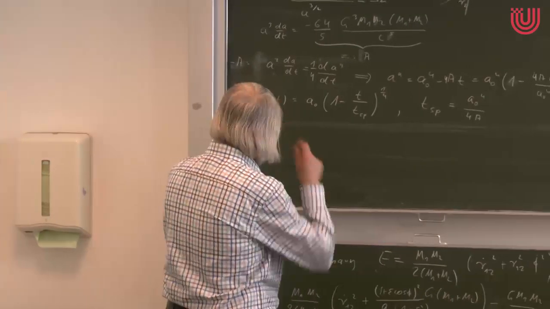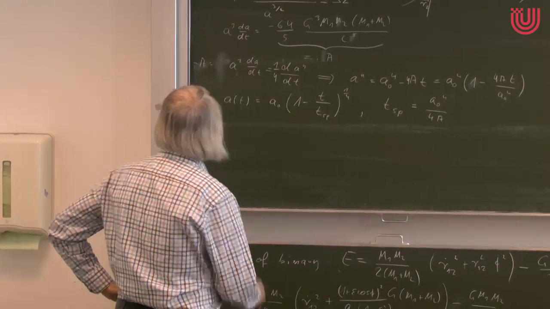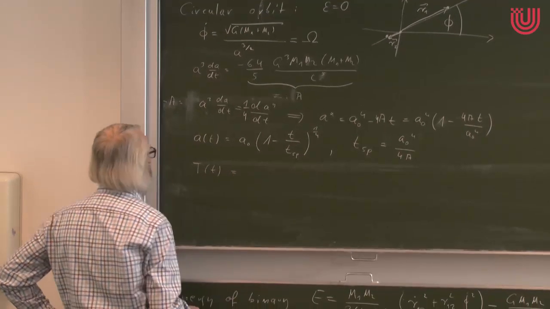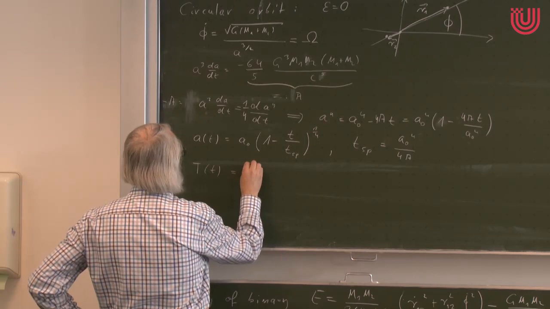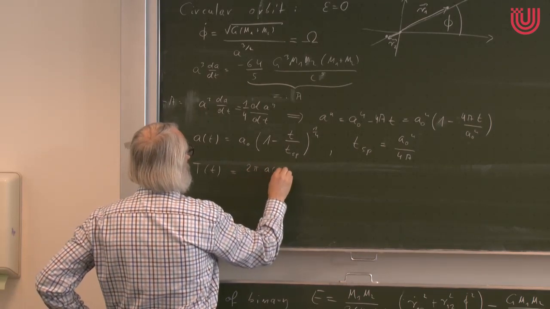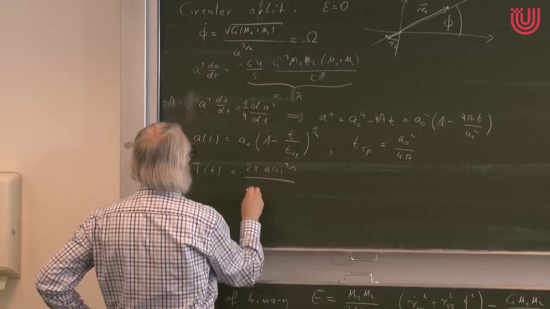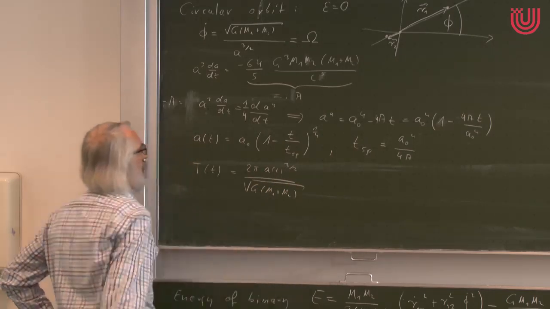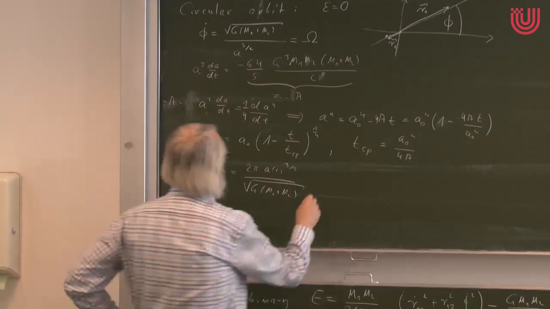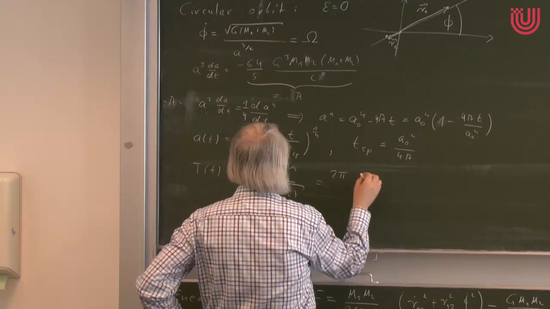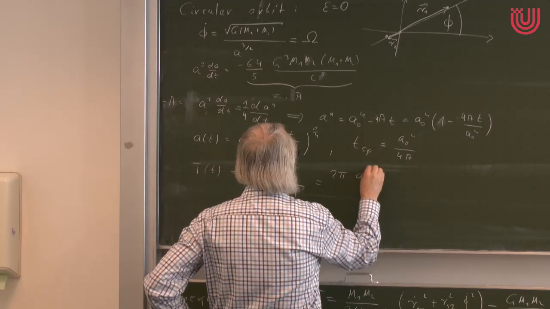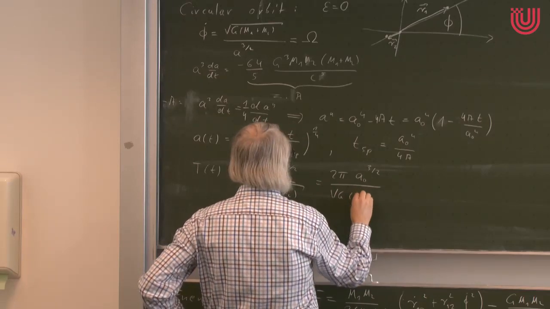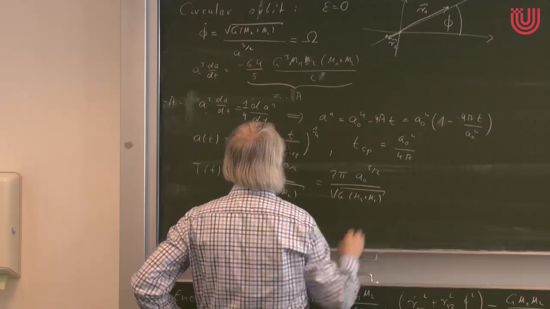From the formula for a of t, of course we get a formula for T of t with Kepler's third law. So this was, what was it? T is 2 pi a to the 3/2 divided by root G times m1 plus m2, right? And we can insert our expression for a of t. This gives 2 pi a naught to the 3/2 divided by root G times m1 plus m2.